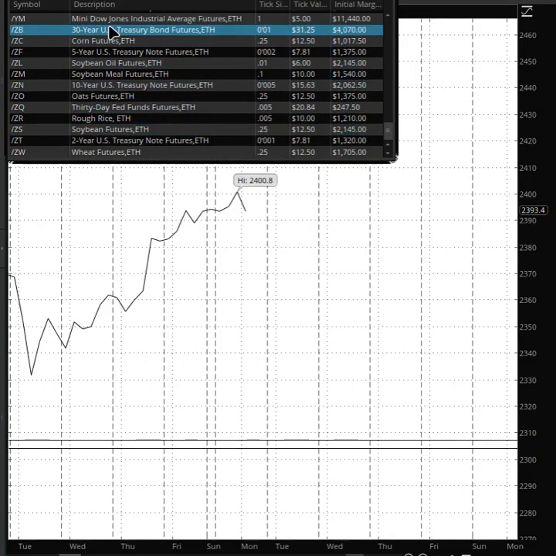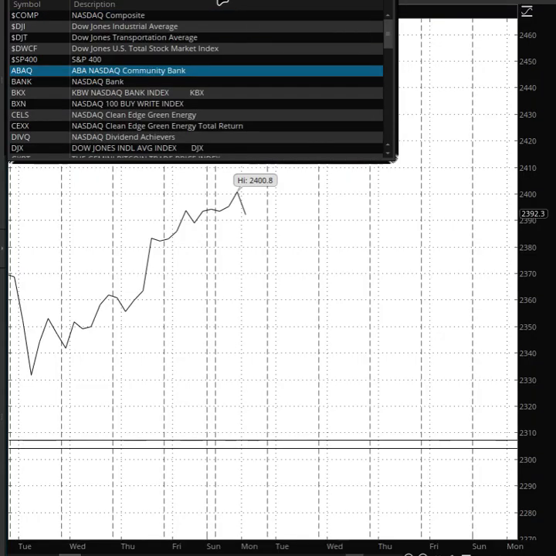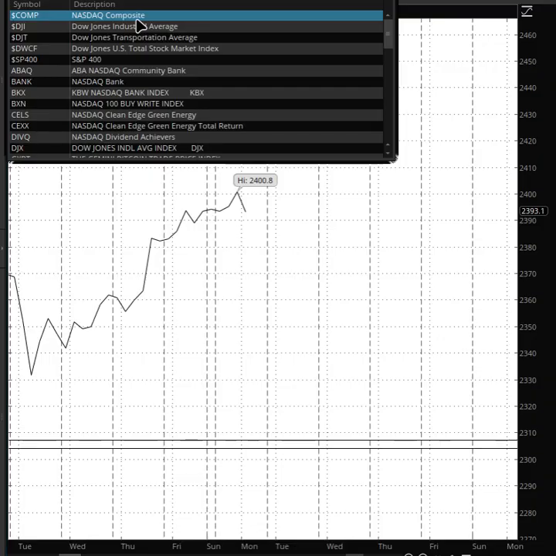All right. So you have all your markets here. The futures are pretty volatile. They offer clear fractals. However, you can go to the indices. Okay, for example, the Nasdaq composite here.